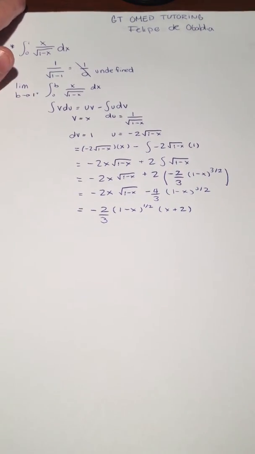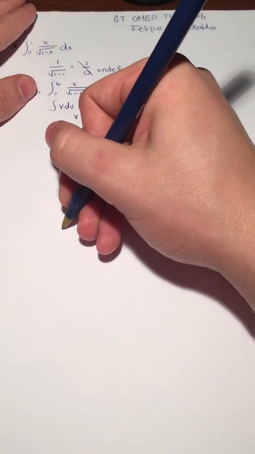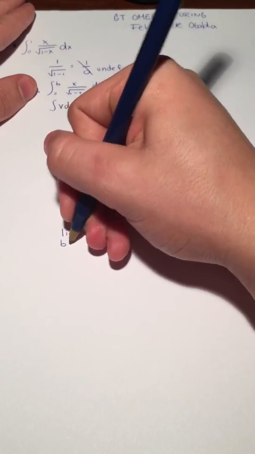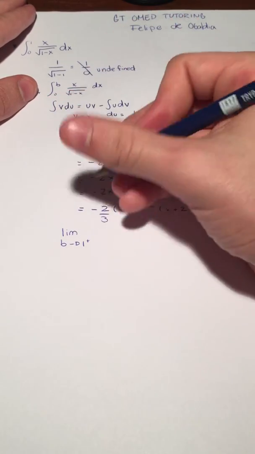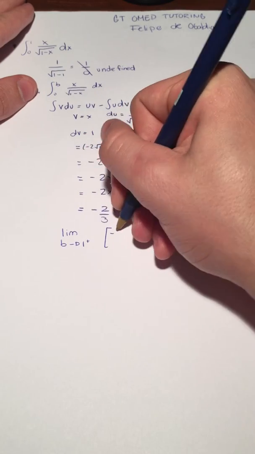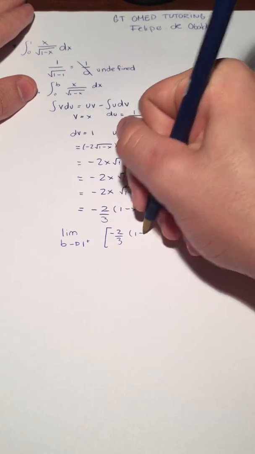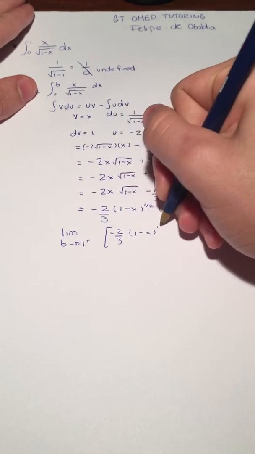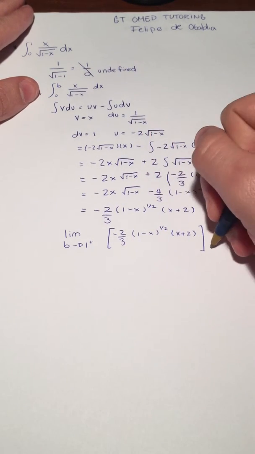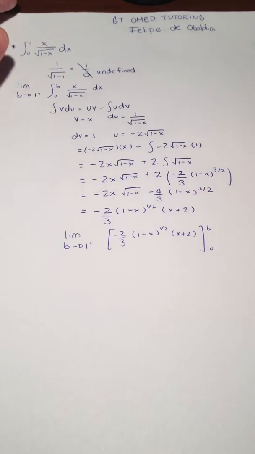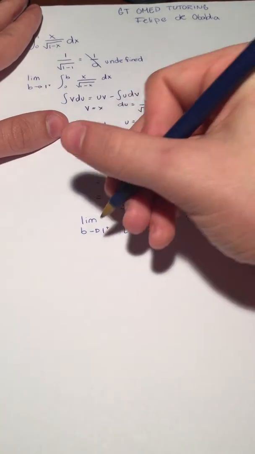And now we can plug in our bounds. So it's the limit as b approaches 1 of minus 2/3, 1 minus x to the 1/2, x plus 2, from 0 to b. Now we can plug them in.